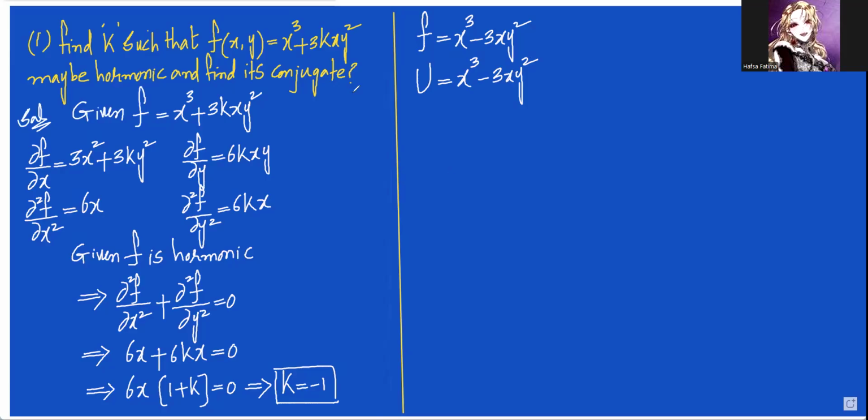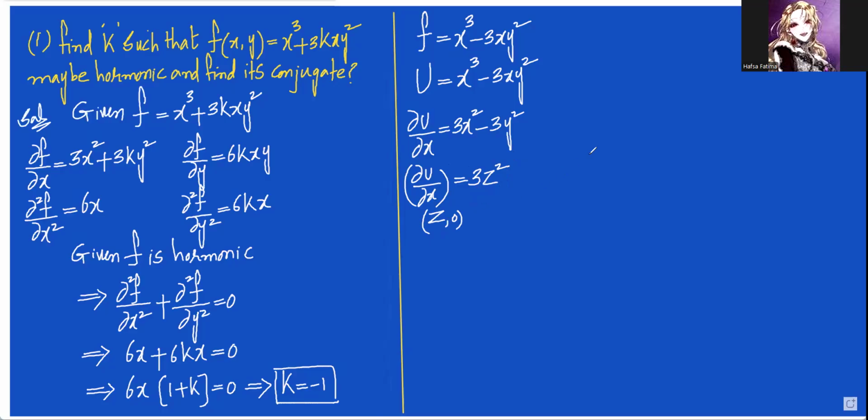The rule is we have to differentiate this u value partially with respect to x. Our answer is 3x square minus 3y square. Now dou u by dou x, we have to find out at the point z comma 0. What happened here is we get 3z square as our answer, and we don't get any y term.